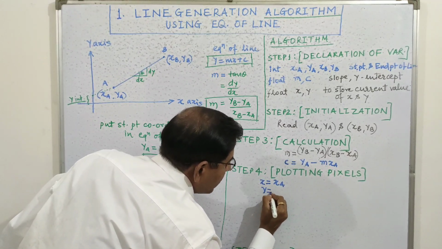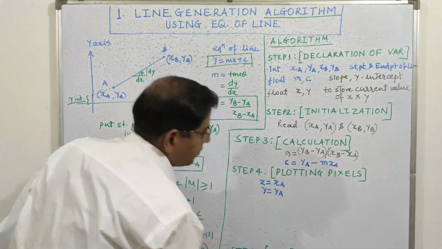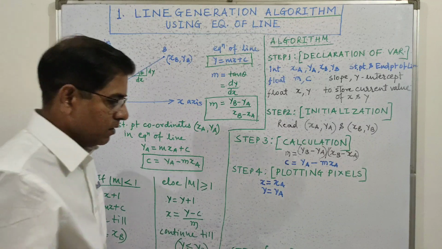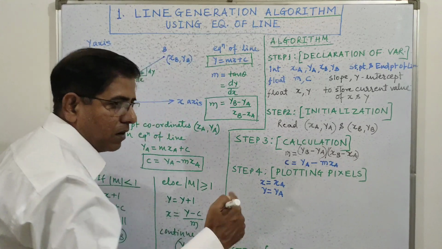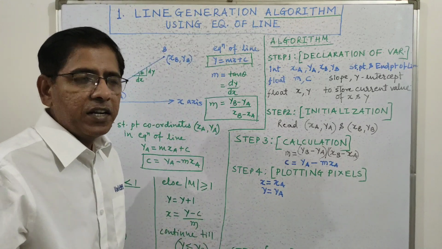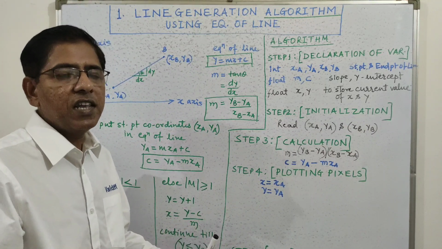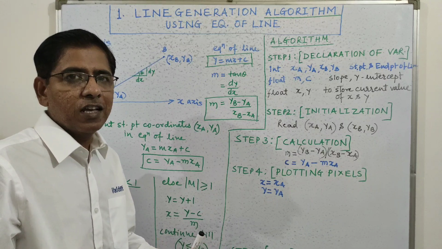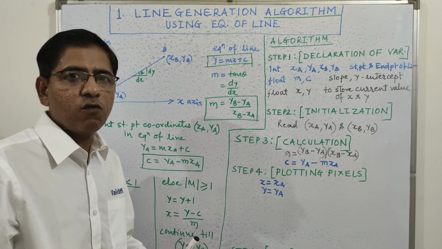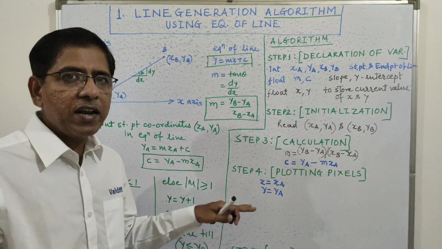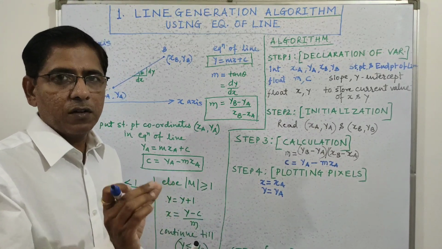So initial value of X is XA, initial value of Y is YA. Then it's an iteration, so we'll use a loop. If you are using C language, you might have come across the loops from C language, that is for loop, while loop, do while loop. So in an algorithm we write a generalized function, loop.